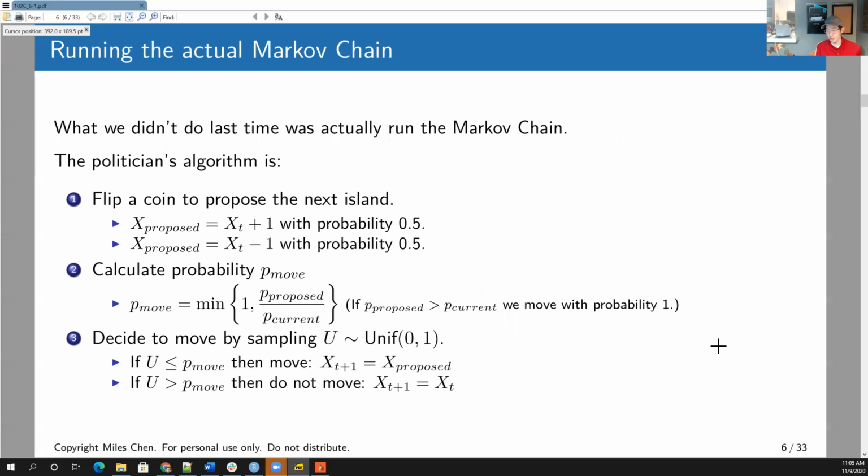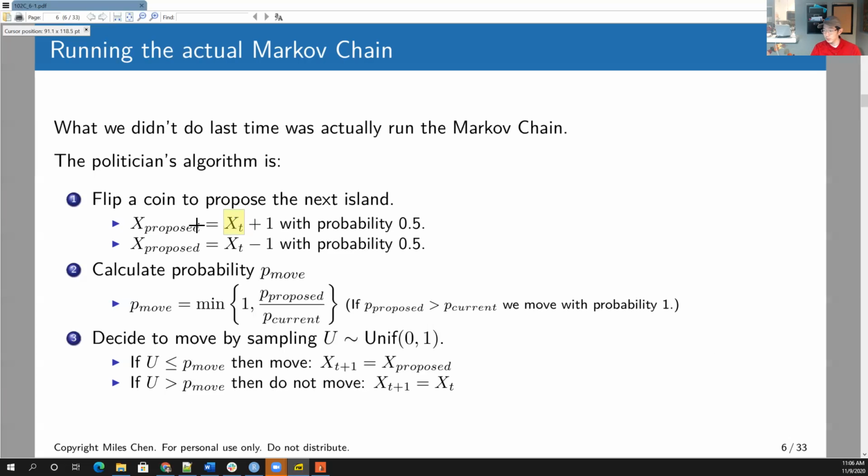I wrote some code, and we're going to actually run the Markov chain. We're going to simulate the movement of the politician bouncing from island to island. We're going to propose an island, x proposed, and that's going to be the current island, either +1 or -1.